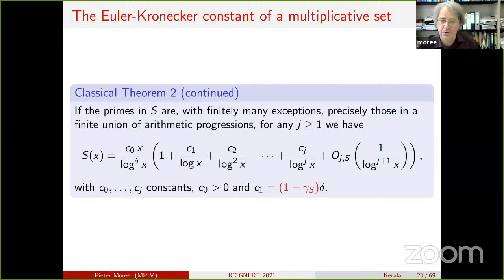In certain special situations, and we will always be here in a very simple situation, namely where the primes in S are in the union of arithmetic progressions, you always get this asymptotic expansion.